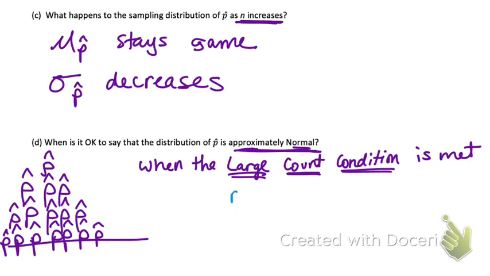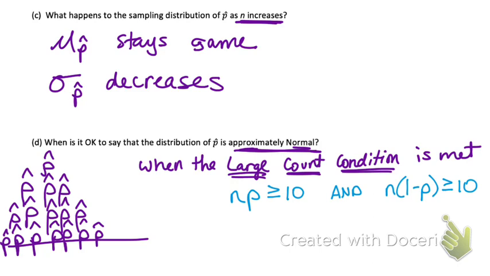As long as my sample size times my population proportion is greater than or equal to 10, and my sample size times the complement of my population proportion is greater than or equal to 10. What is the complement? So 1 minus p.